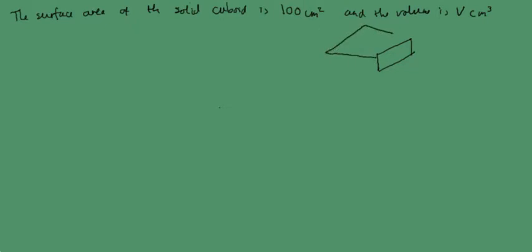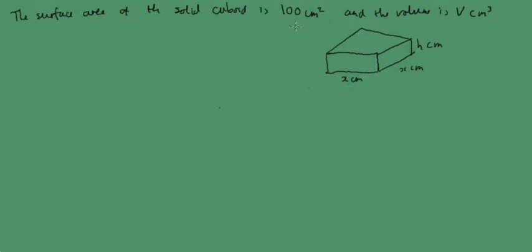Oh dear, it's terrible. And this length here is x centimeters. This is also x centimeters, so the top and bottom shapes on our cuboid are squares, and it's h centimeters high.